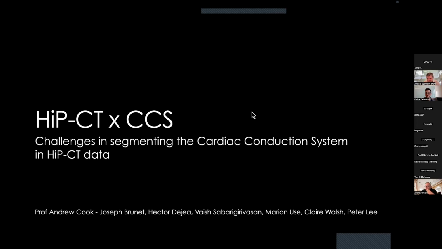So I'm looking for ideas, extra ideas, on the way we may approach this, other than manual segmentation. And you'll see at the bottom, quite a number of people are working on this, including Marion and Joseph and PhD students. So I'm really after ideas.